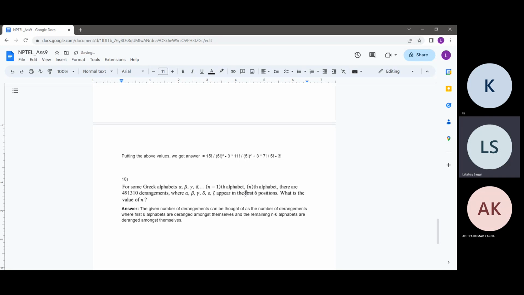Note that in the actual total number of derangements, alpha can go to nth position also, but we are restricting it to alpha being in the first six positions, and similarly beta in the first six positions and so on.